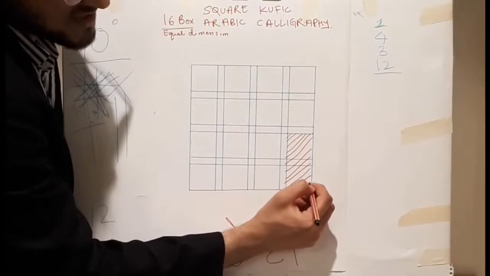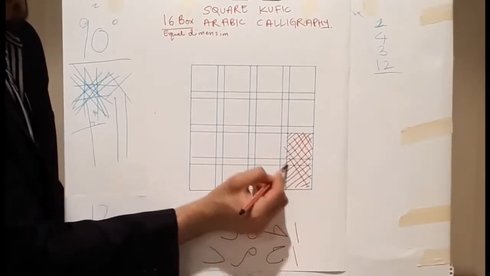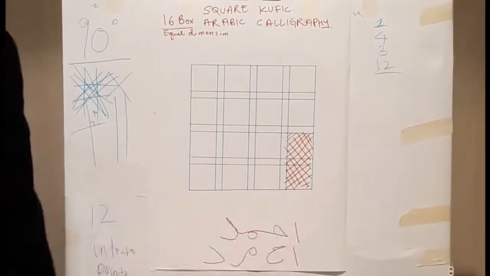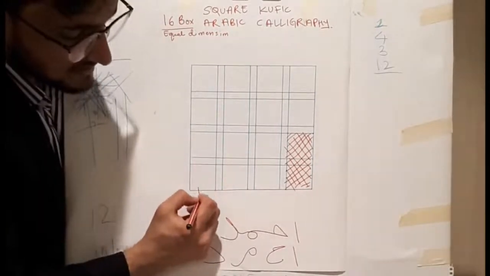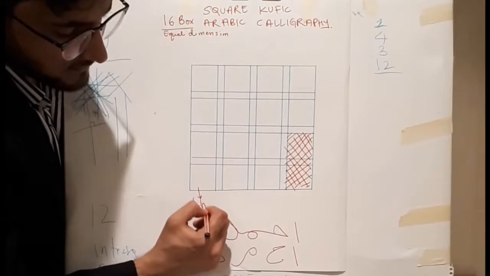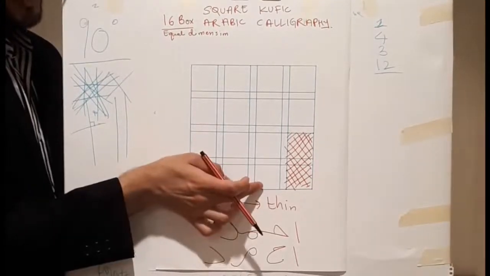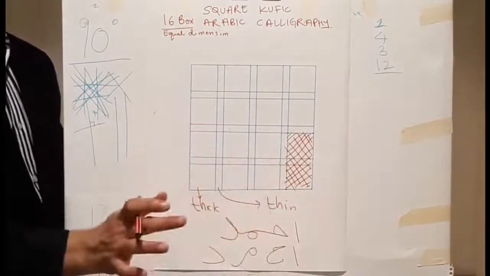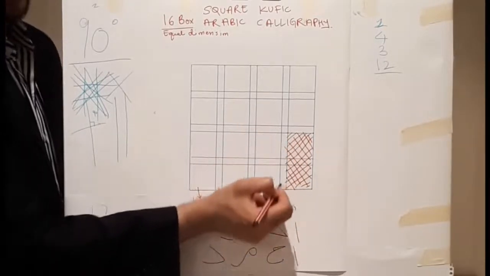So this is my alif. There are 2 types of line. This one is thick line and this is thin line. Thin line is used to differentiate the letters. You cannot come inside this line to draw your letter.